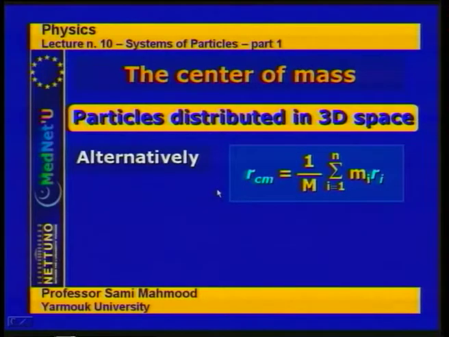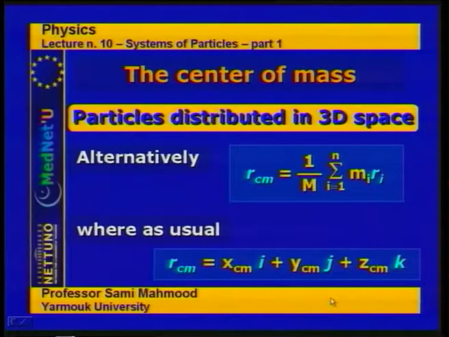This is, of course, not a new equation. It is exactly the same set of equations, the 3 equations that we have derived previously, but written in a different format only.